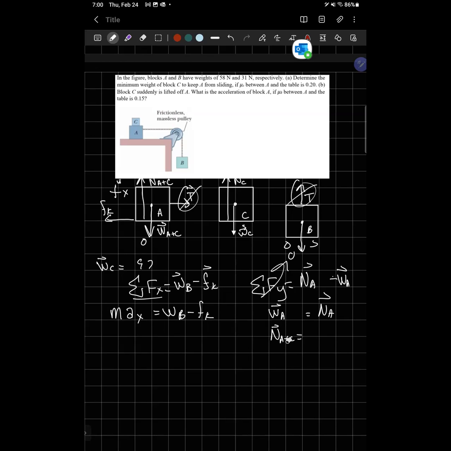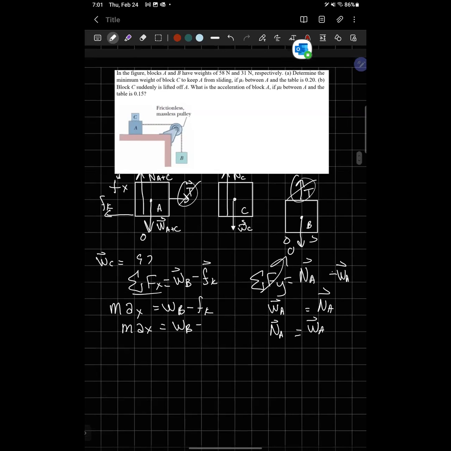So normal force of A is just the weight of block A. So MAX is equivalent to weight of B minus the equation for friction, normal force times mu, so the weight of A times mu K.